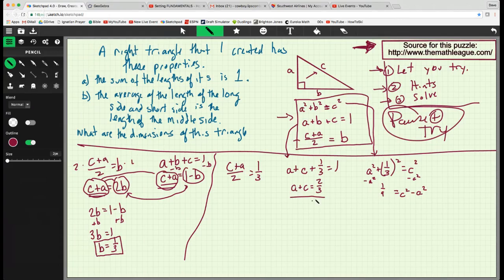Okay, let's get rid of our fractions here. We multiply this side by 3, and this side by 3, and this side by 9, and this side by 9. And we're going to get 3A plus 3C equals 2. And over here we get 1 equals 9C squared minus 9A squared.